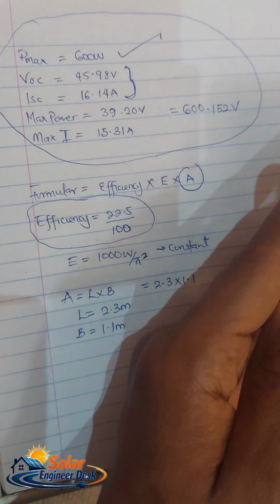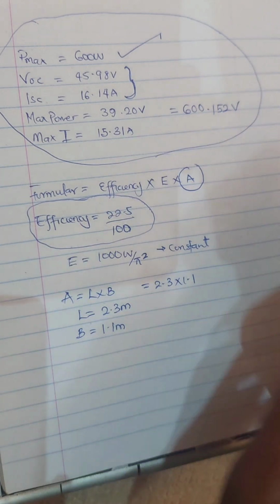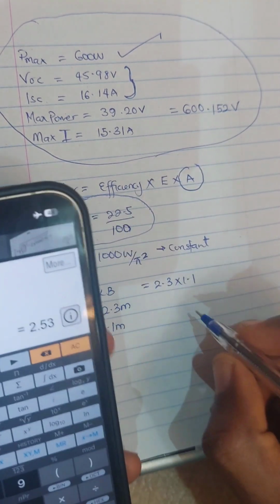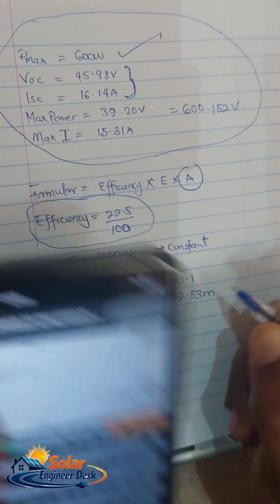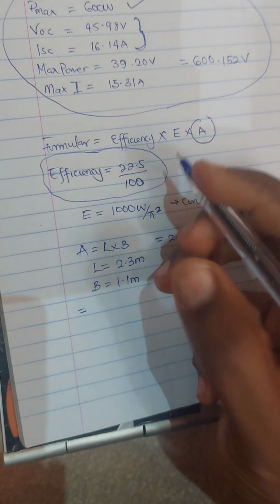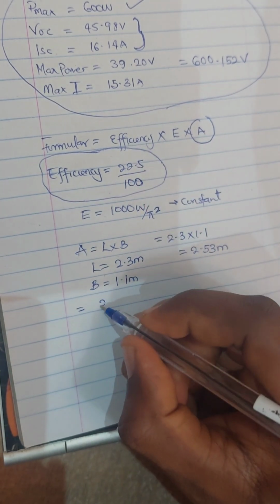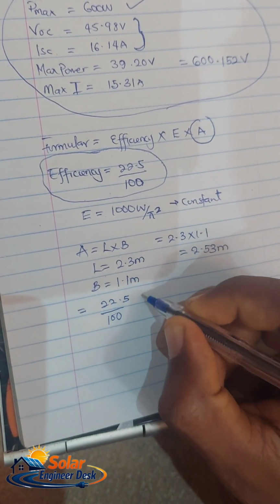So using our calculator, 2.3 times 1.1 gives us 2.53 meters square.